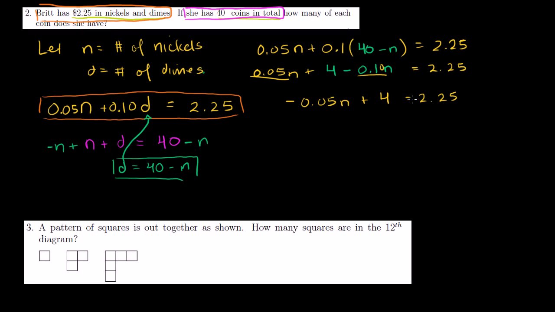Now I can subtract 4 from both sides of this equation. I get negative 0.05 n is equal to, if you subtract 4 from the left, that 4 is going to go away. You subtract 4 over here. 2.25 minus 4 is negative 1.75. Right? All right, now we can multiply both sides of this equation by -1 just to make it a little bit cleaner.